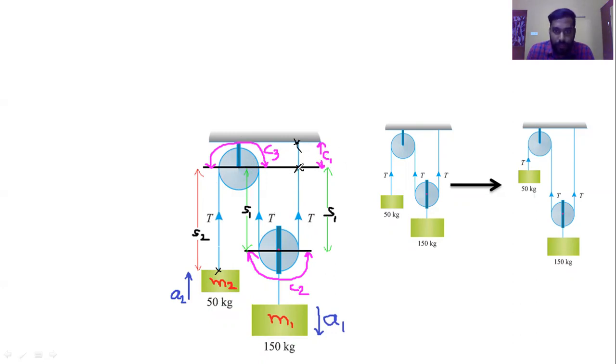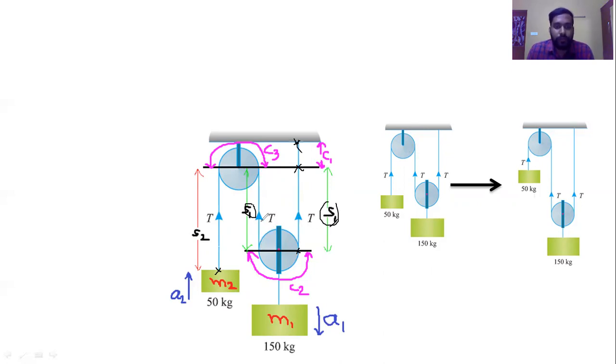So this is C1, and from this center line to the movable pulley, this end it is S1, and from here to here, this is also S1, because this length is same for both.